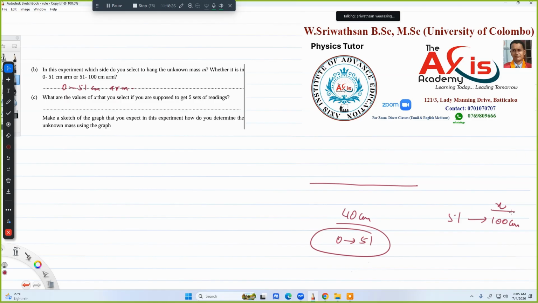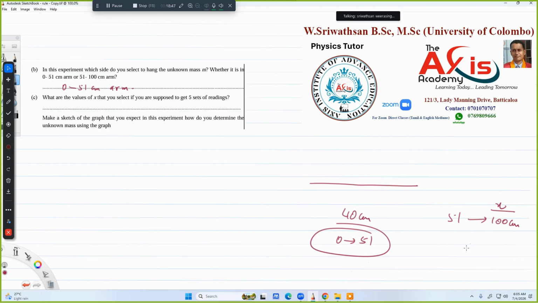So gradually we can increase, no? What are the values of x that you would select if you are supposed to get 5 sets of reading? X value.